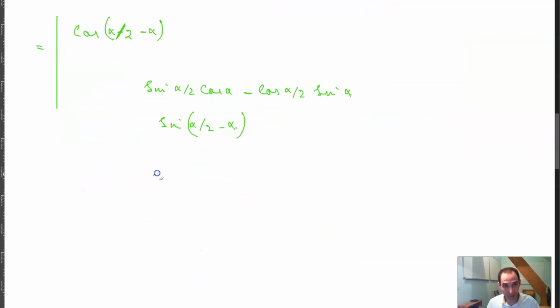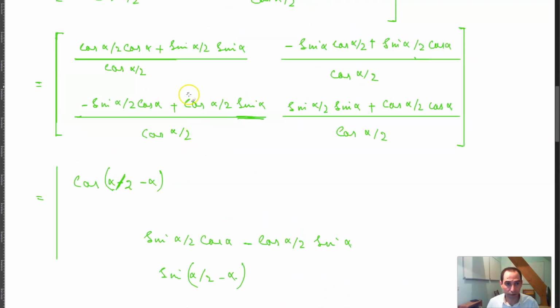Because you know that sine of x minus y is equal to sine x cos y minus cos x sine y. So here you have sine alpha by 2 cos alpha minus cos alpha by 2 sine alpha, which gives you sine of alpha by 2 minus alpha, and that is basically this part over here.